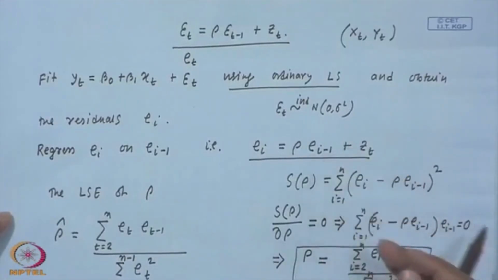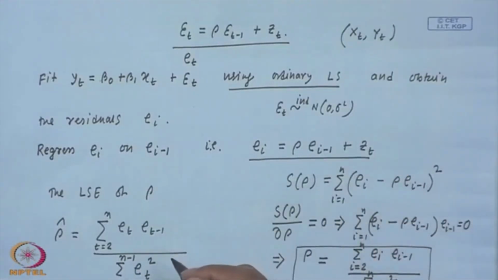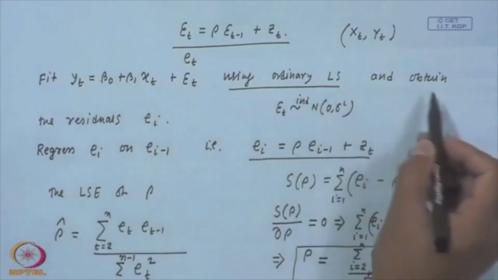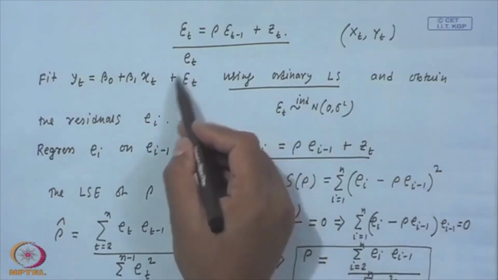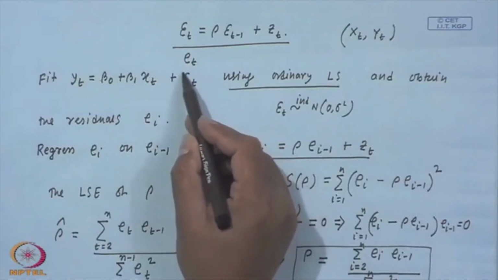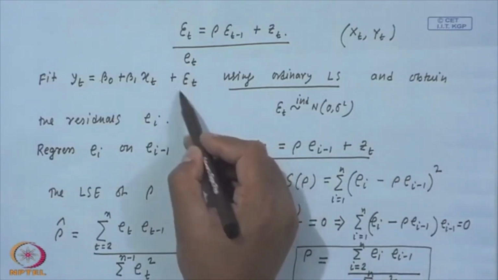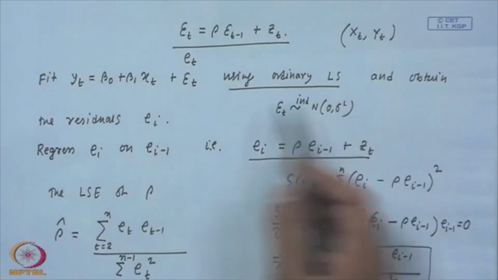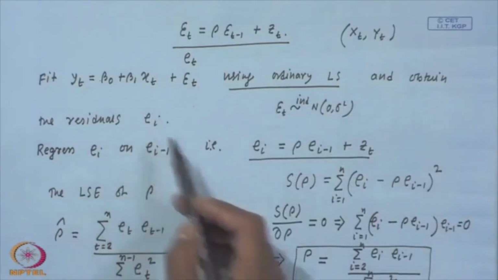Just repeating the things here: you fit the model using the ordinary least square technique, ignoring that the assumption is not true here, and you will get the residuals e i's.